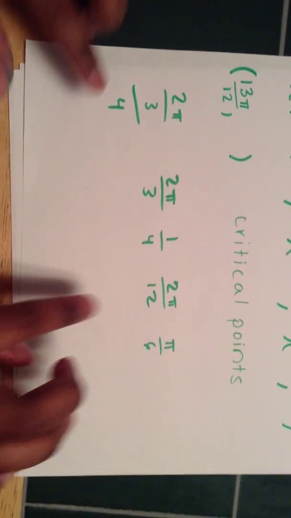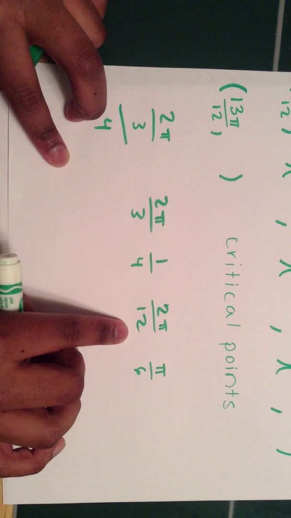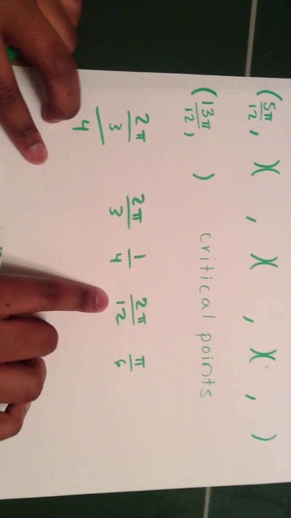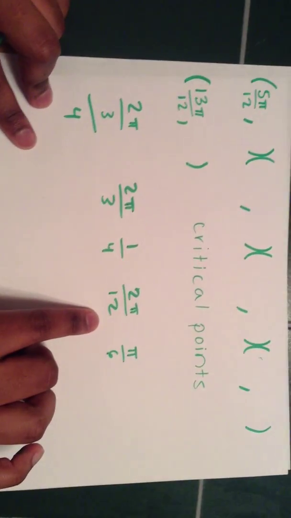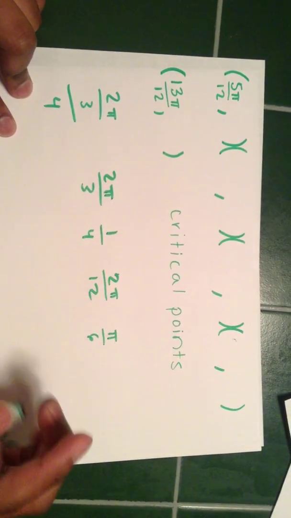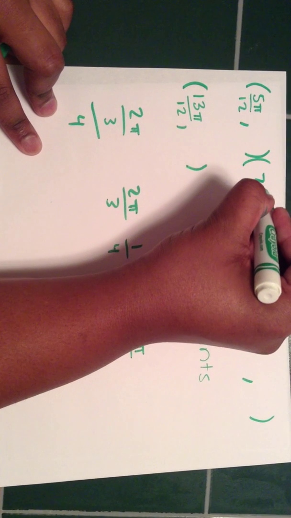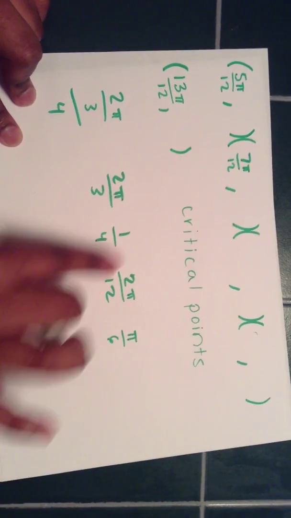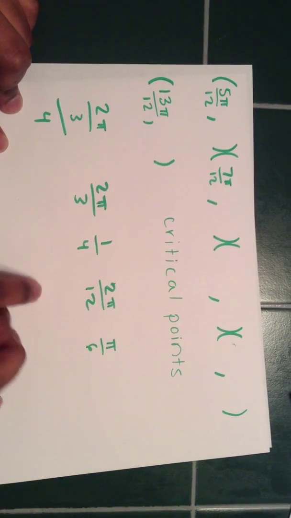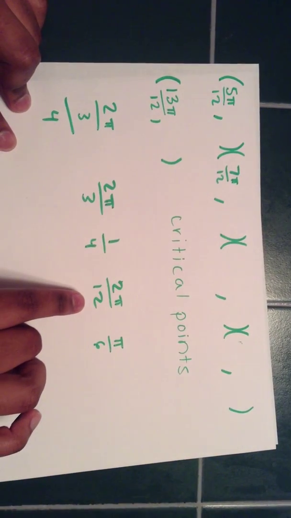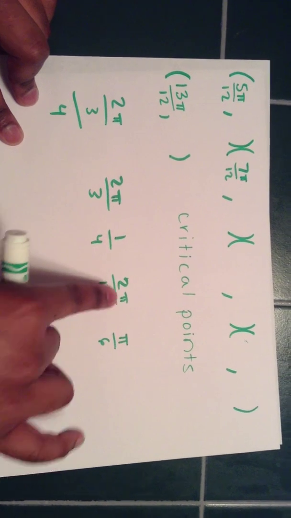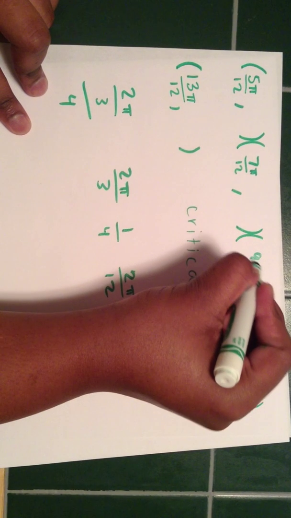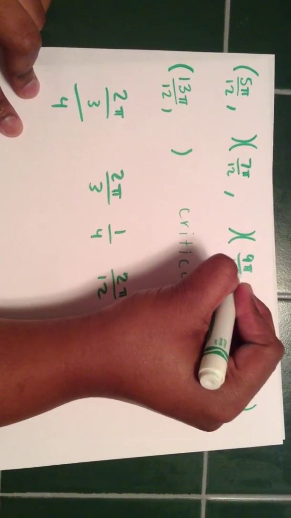But as you can see, you can always leave it like this and just add it to this because they have common denominators. So when you add this to that, the x for this critical point would be 7 pi over 12. Common denominator again, right? Add that again. 7 pi over 12 plus 2 pi over 12 would come out to be 9 pi over 12.